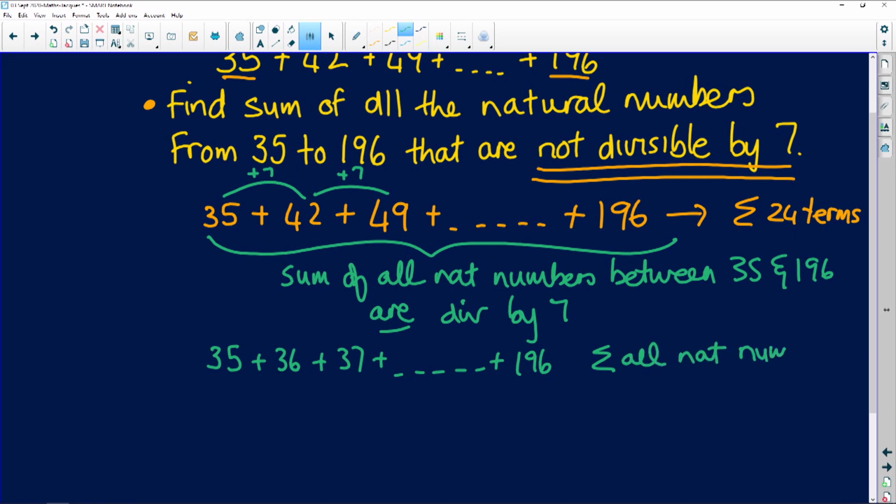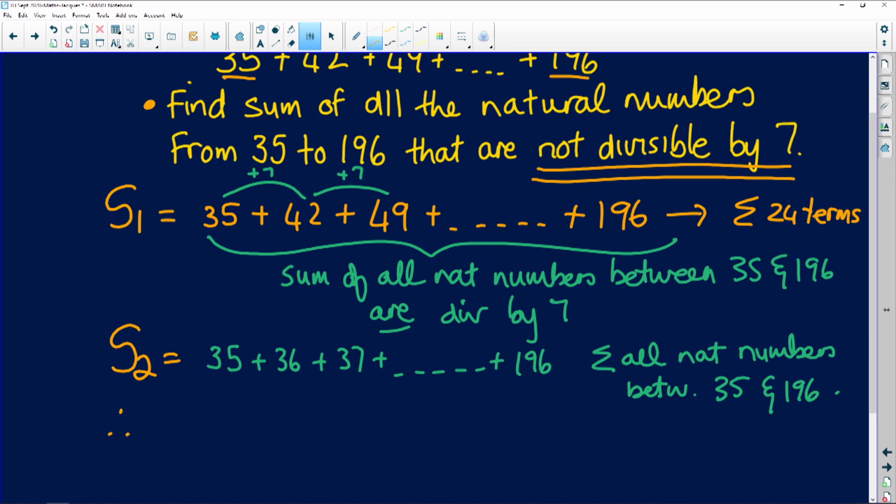And if I've got that sum, this is the sum of all the natural numbers, I'm going to try and write it in here, between 35 and 196. So this will be the second sum that we are going to calculate. This here is the first sum we're going to calculate. And then those that are not divisible by 7 will be sum 2 minus sum 1.